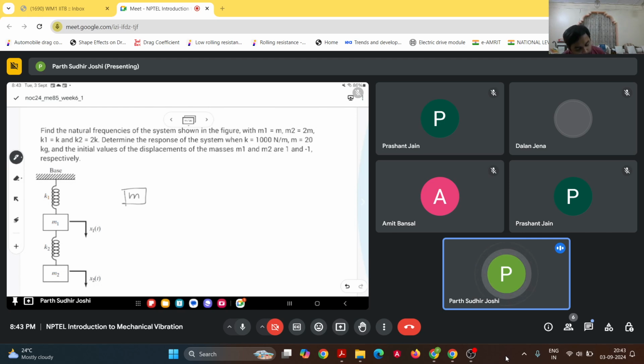So the free body diagram of mass m1. We'll assume that x1 and x2 are measured with respect to the equilibrium position, so we will not account for gravity.